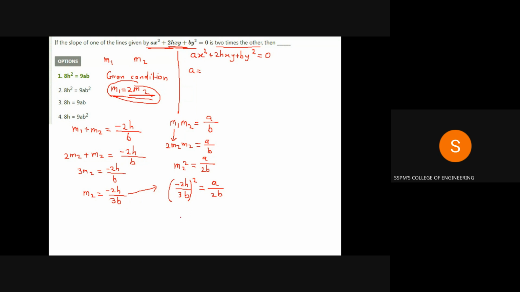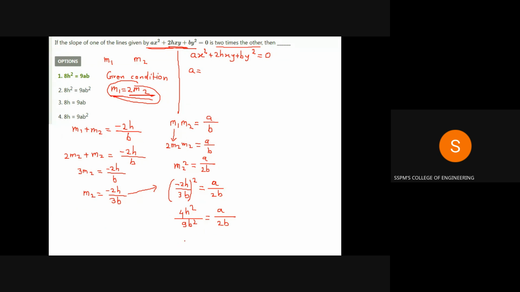So what is the square of the left hand side? It is minus 2 square is 4, h square divided by 9b square is equal to a divided by 2b. No need to square the right hand side.